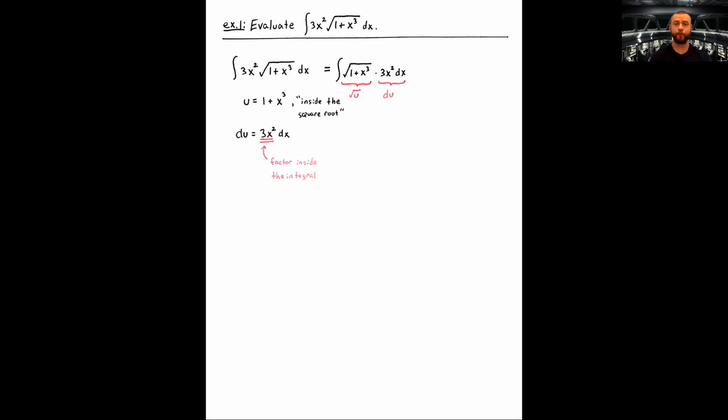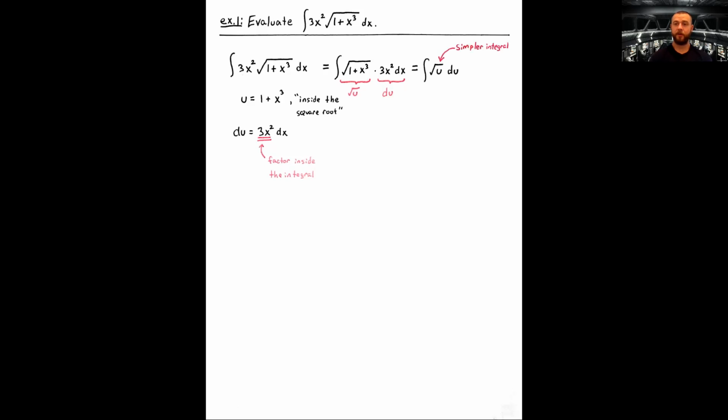We can rewrite the square root expression as the square root of u, replace the inner part with u. And using the differential, we can rewrite 3x squared dx as du. And if we rewrite that, we do get a much simpler looking integral in the new variable u.